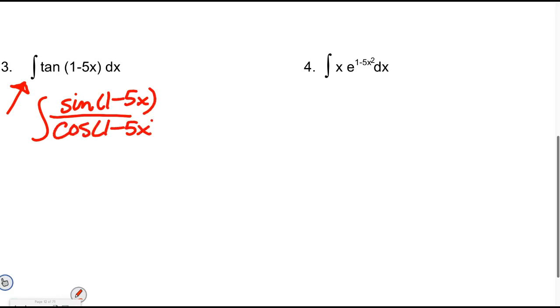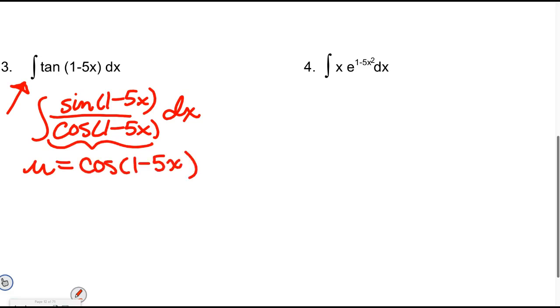When you don't know, you need to play. And this would be called on the worksheet using like a simple trig identity or a simple algebra move to get started. Now, my u can be the denominator. Remember, when you let u be the denominator, you're invariably trying to get that 1/u du.